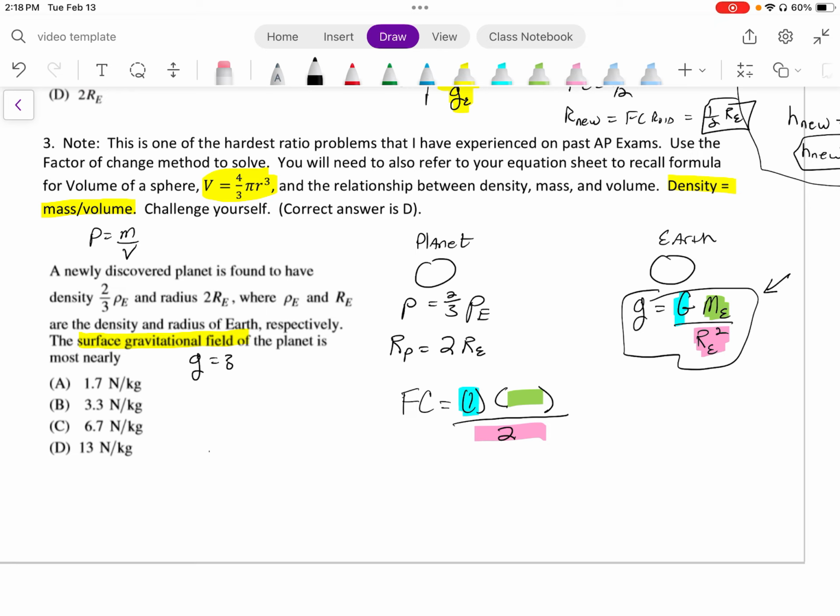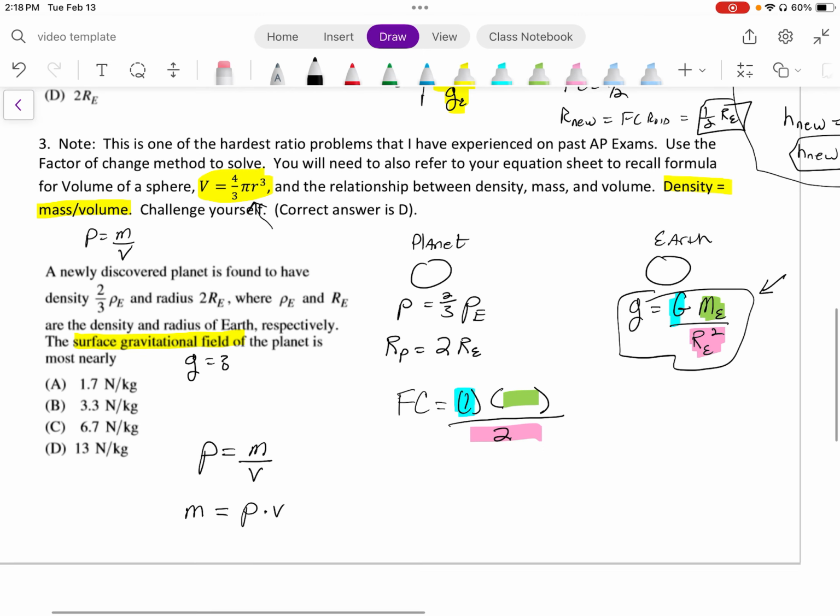Well, we know that the density is equal to the mass divided by the volume, and we want to know mass. So I'm going to rearrange that for mass. Mass is equal to density times volume. Well, the problem is that we have volume changes because we have a radius change. So I'm going to plug in for volume the 4/3 pi r cubed, and I'm going to calculate the factor of change in mass.